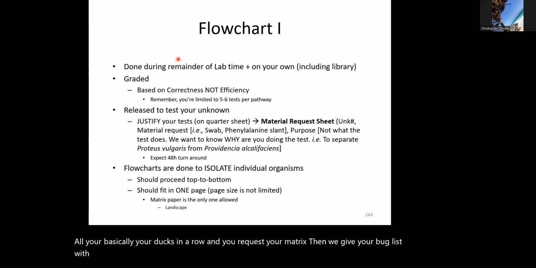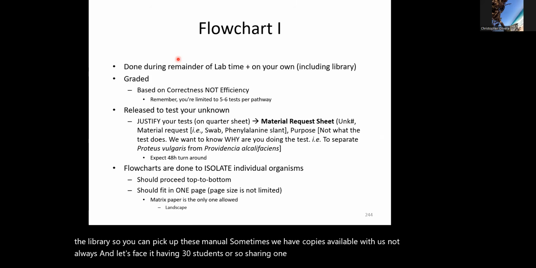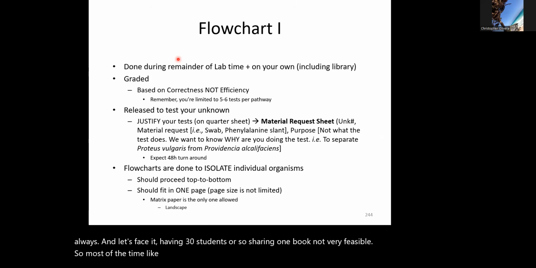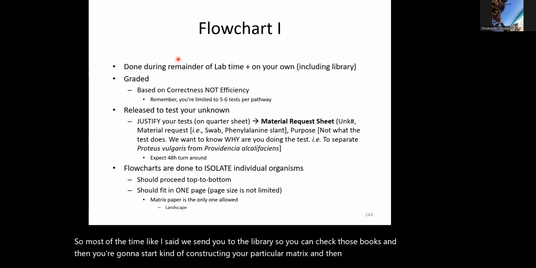At that point, the remainder of that lab time is on you. Typically, we send you to the library so you can pick up Bergey's manual. Sometimes we have copies available with us, not always. And let's face it, having 30 students or so sharing one book is not very feasible. So most of the time, we send you to the library so you can check those books. And then you're going to start constructing your matrix and then your flowchart, okay?